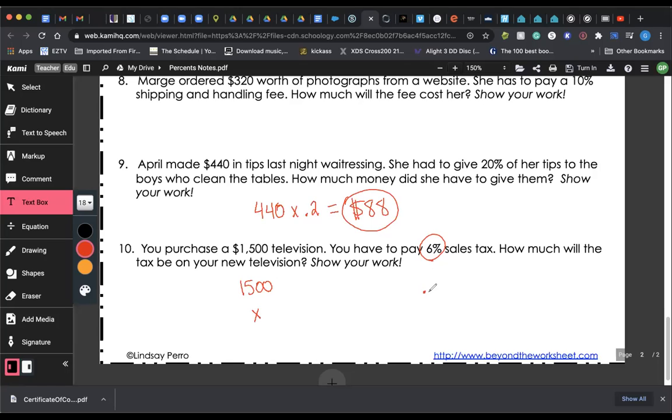No, ma'am. 0.06. 0.06, 2 places. 1, 2. 0.06. It's gonna be $90. Very good. It's going to give me $90 in taxes.